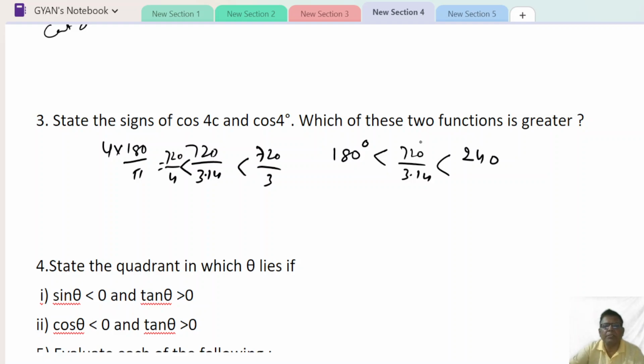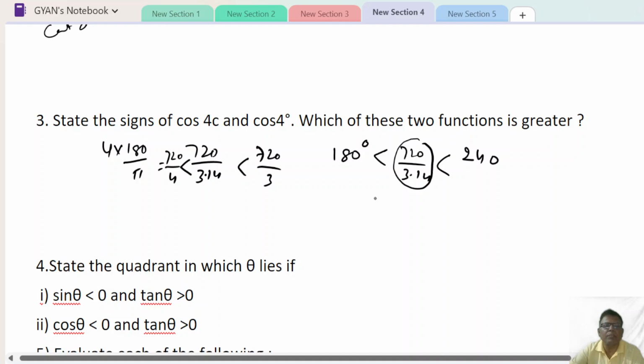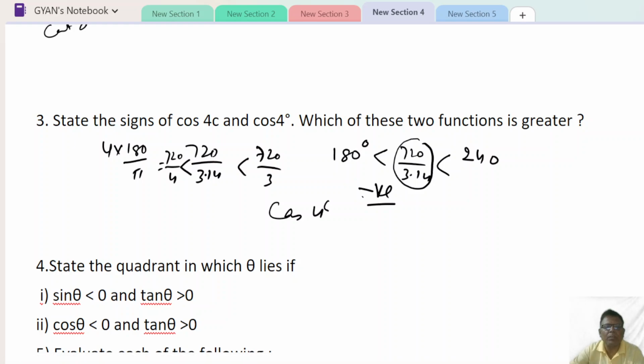So that means it is in the third quadrant. So in the third quadrant, cos is negative. So this one is negative. And cos 4 degree is always positive. So this will be less. That means cos 4 radian should be less than cos 4 degree, because 4 degree lives in the first quadrant where all are positive. So positive is greater than negative.